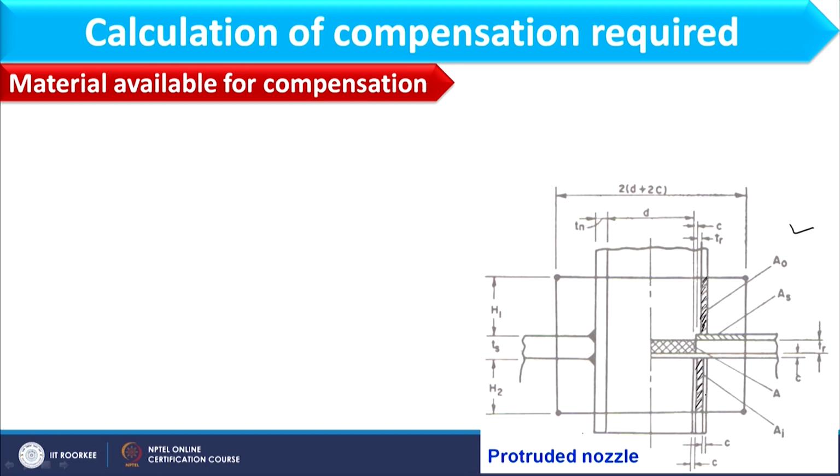To calculate AO and AI, you should understand that as far as the total length of the nozzle is concerned, we have considered H1 as well as H2. H1 is decided by the boundary limit above the vessel surface in the nozzle, and in a similar way H2 is decided by the boundary limit available inside the vessel in the nozzle. That H1 and H2 we will compute.